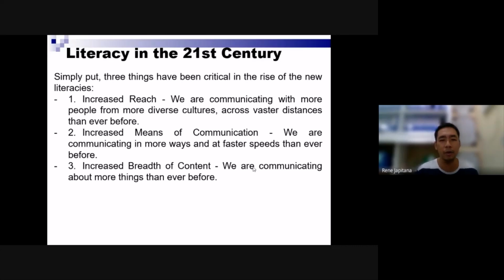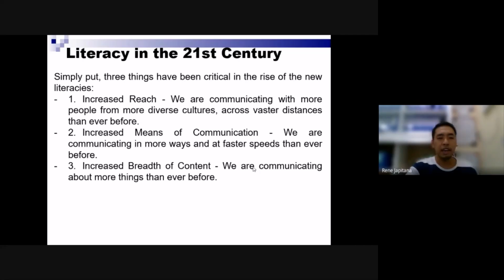And right now, there are many more ways to communicate, from telegrams before to a cell phone, and to now because of the faster speeds compared to before. Because of internet and social media, we can easily communicate. Those are the means of communication.